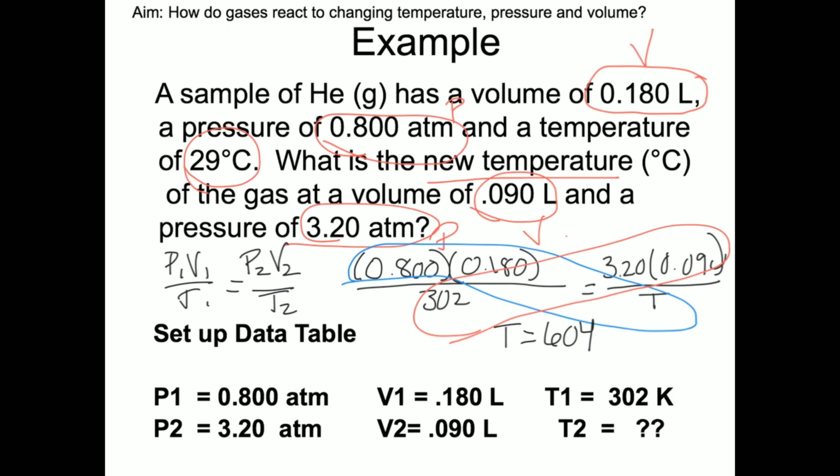Using algebra, I find that T2 is 604, but this is given in Kelvin. I need to convert back to Celsius. Recall that Kelvin equals Celsius plus 273. Solving this equation, I see that the new temperature is 331 Celsius.